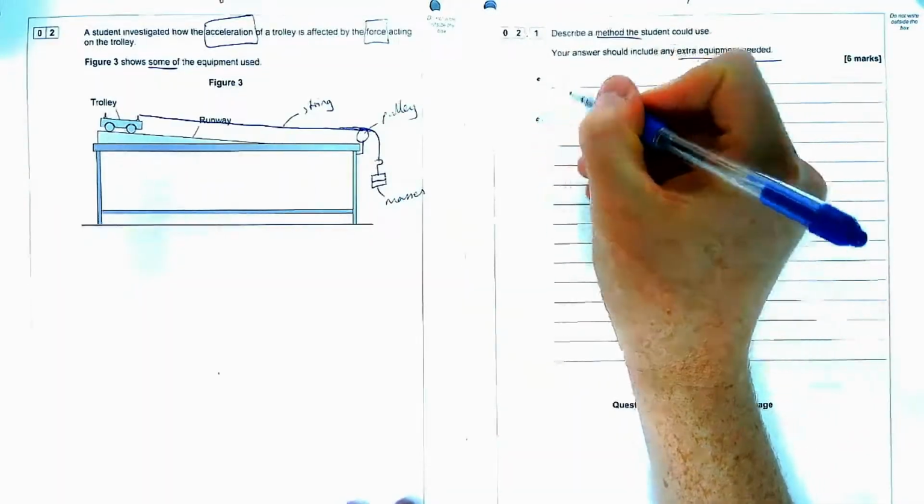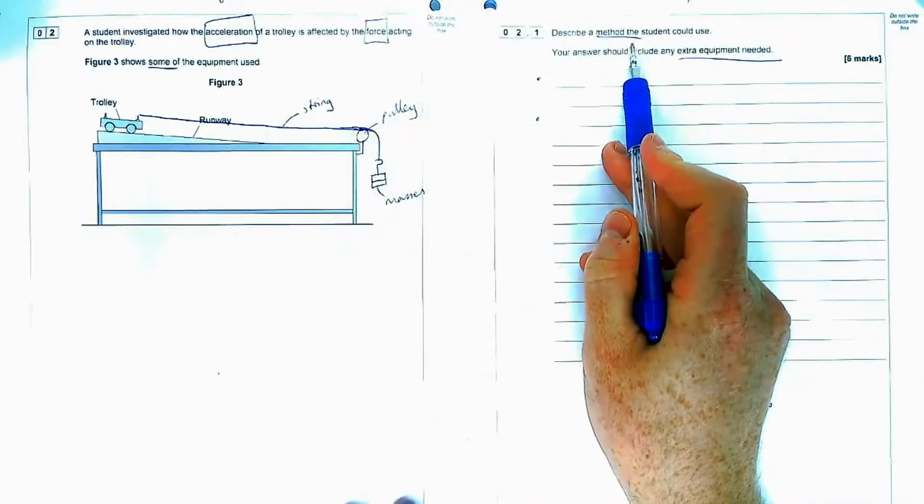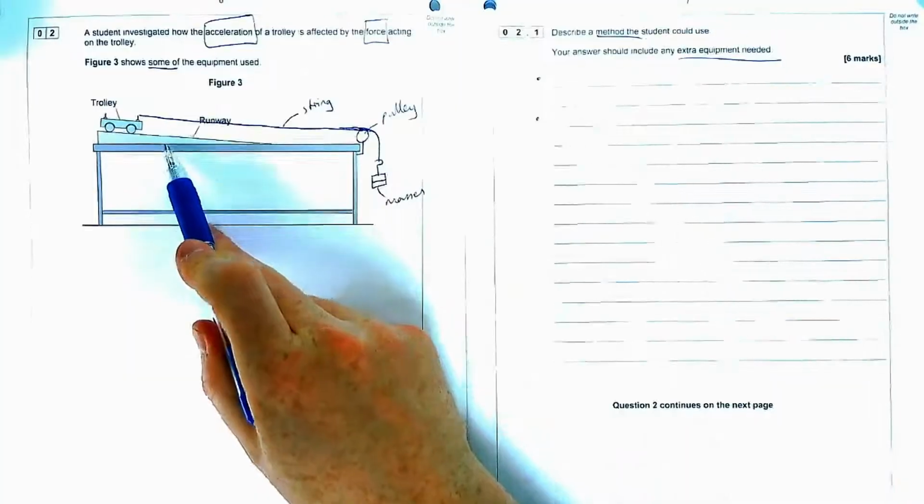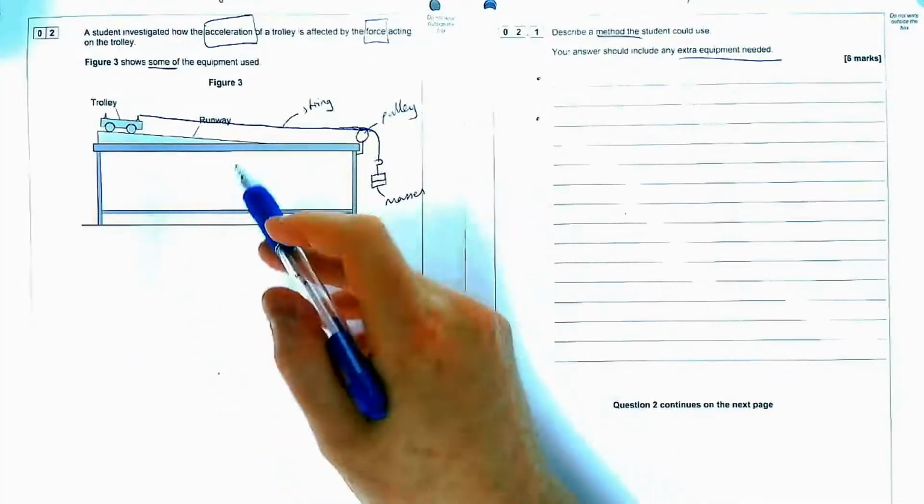Now we're going to mention the extra equipment that's not used, so we don't need to mention the slope or the table or the runway because it's already in the diagram, so you don't get marks for that.